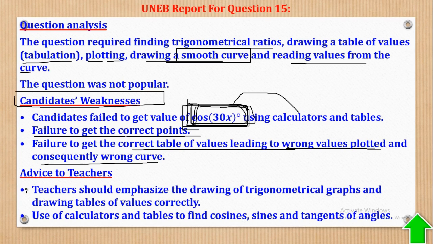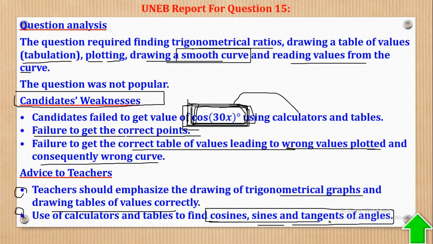So advice to teachers is that teachers should emphasize the drawing of trigonometrical graphs and drawing table of values correctly. Then 2, use of calculators and tables to find cosines, sines, and tangents of angles. So you have to learn to use a calculator before you go for your UNEB examination.